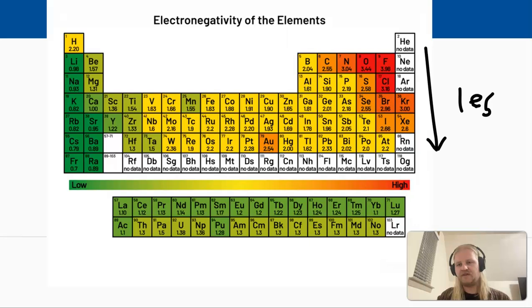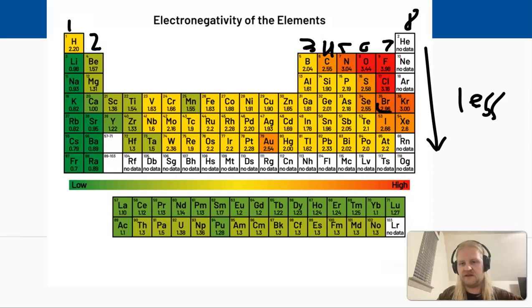But what you also see is that bromine is still more electronegative than sulfur up here. It's still more because it has 7 valence electrons.